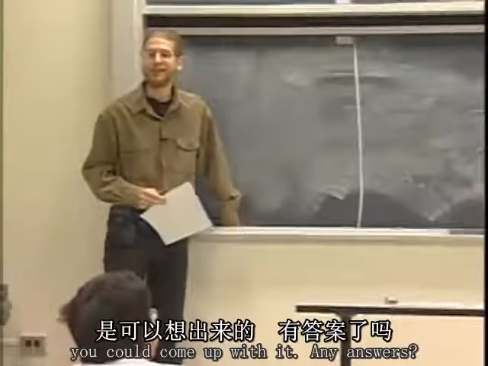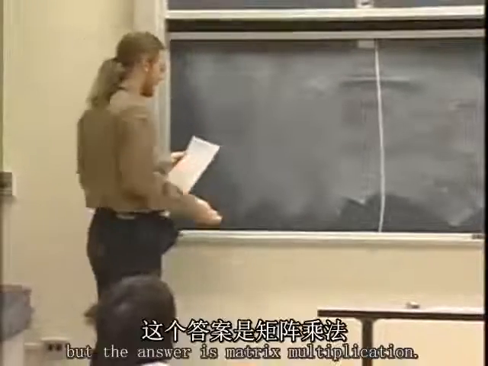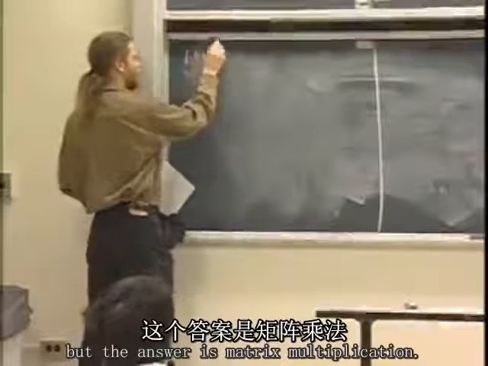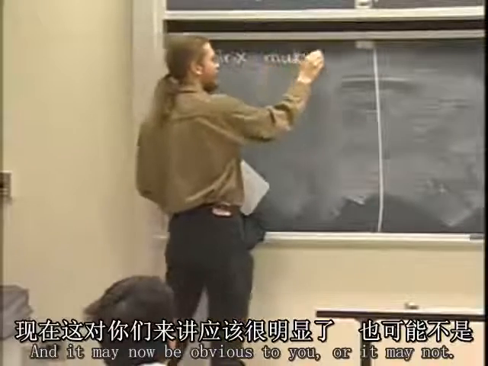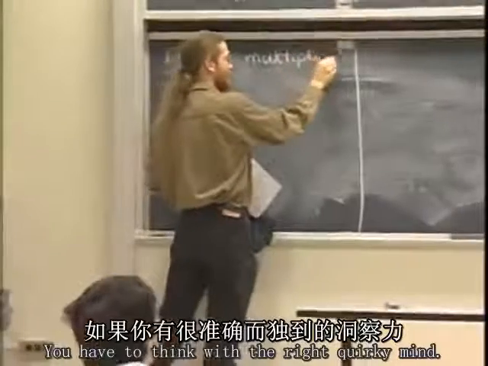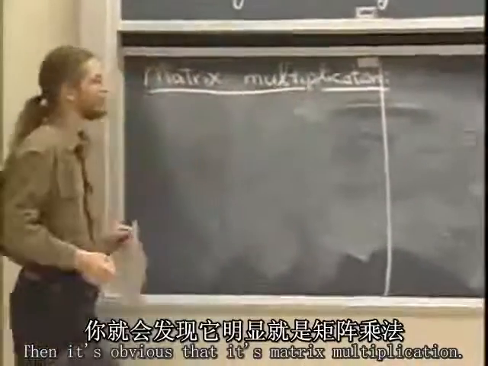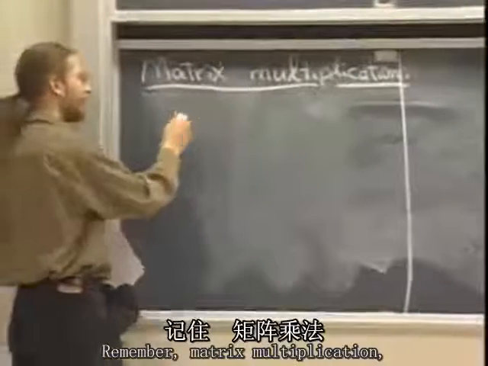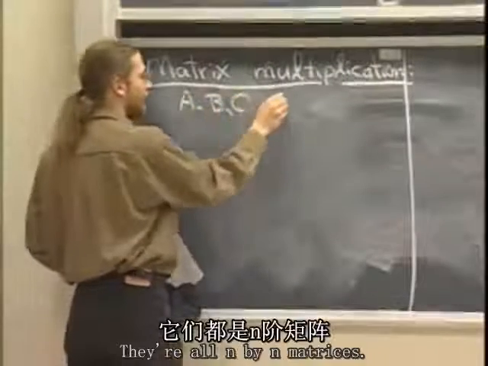Any answers? Okay. I didn't think it would be very intuitive, but the answer is matrix multiplication. And it may now be obvious to you, or it may not, but there you go. You have to think with the right quirky mind. Then it's obvious that it's matrix multiplication. But remember, matrix multiplication, we have A, B, and C. They're all n by n matrices.